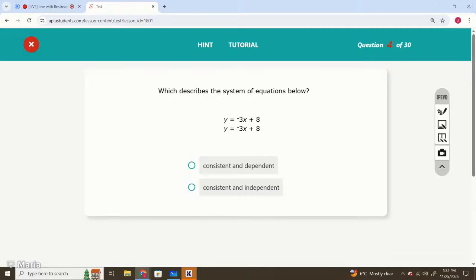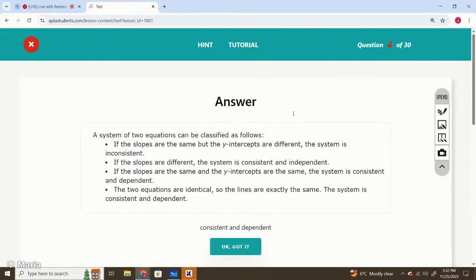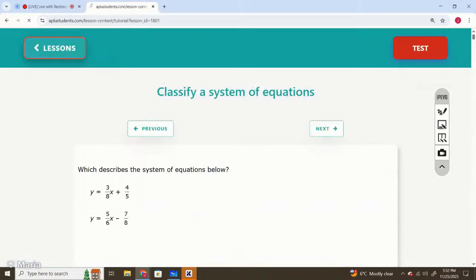So both the equations have exactly the same slope and the same y-intercept. So the system is consistent and dependent. Okay, you can complete the lesson by yourself later today. Let me just move on to the next lesson.